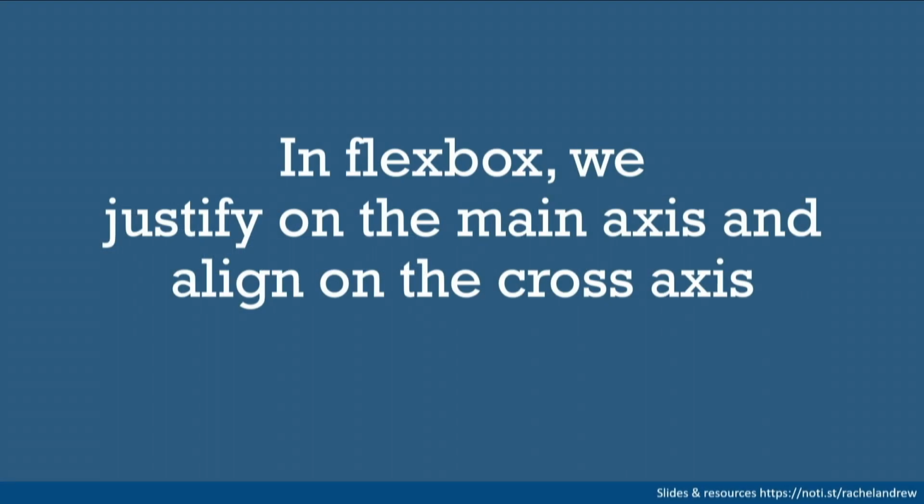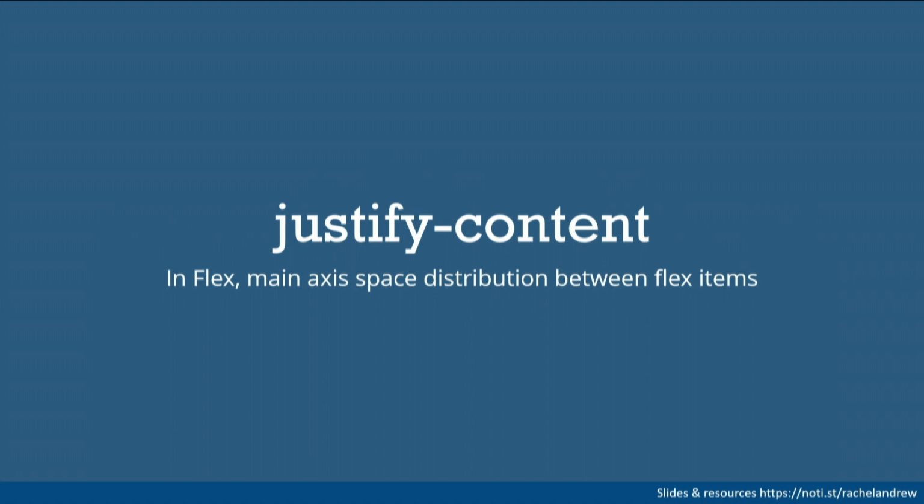Now Flexbox is a bit different because we have one main axis and we can change it between row and column. So in Flexbox, we think about the main and the cross axis rather than block and inline. And the justify content property works on the main axis, which initially will be row. So if we say justify content in Flexbox, that's main axis space distribution.